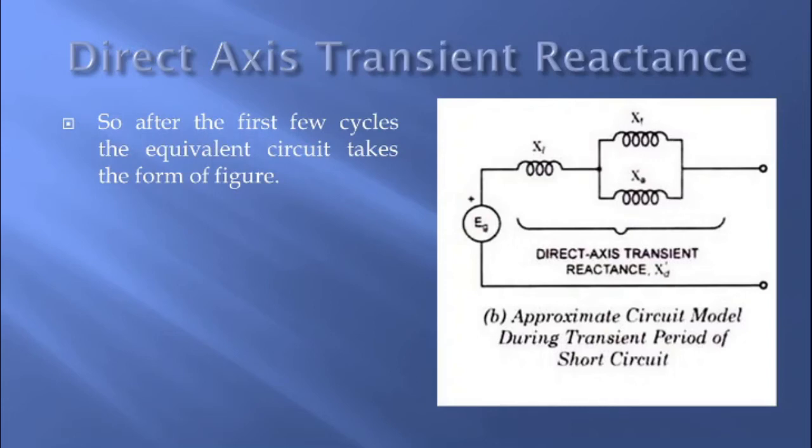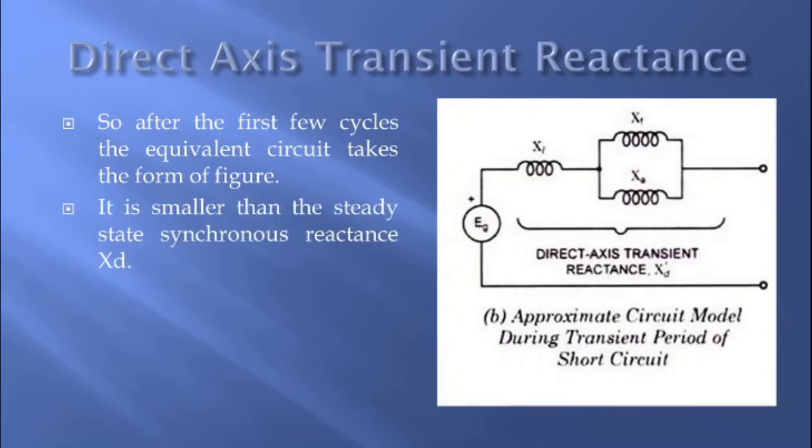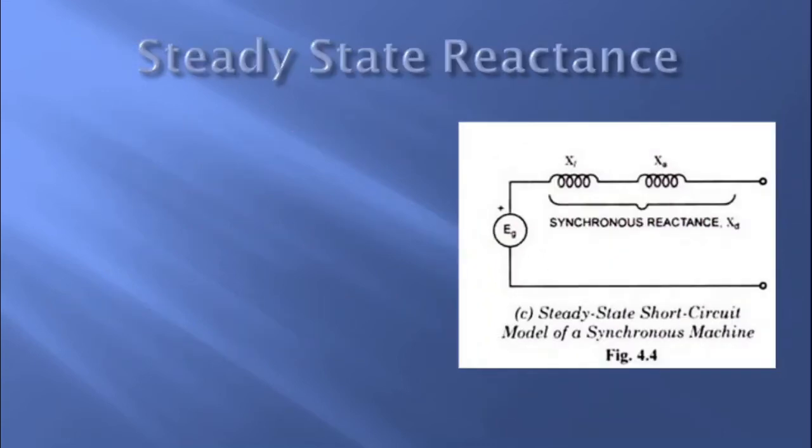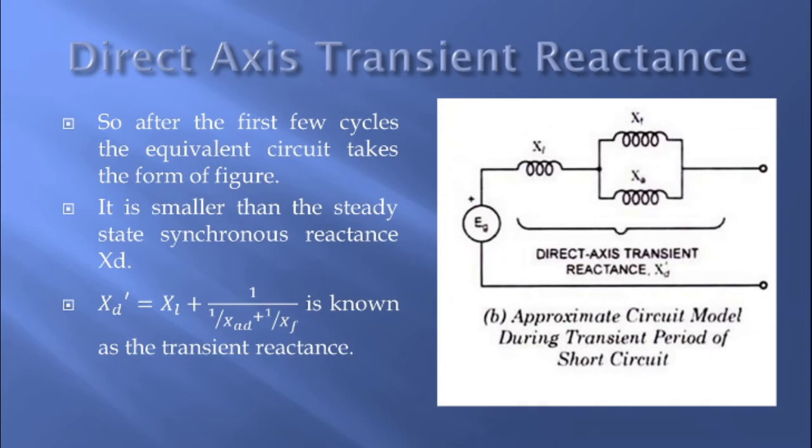This is the equivalent circuit during the transient period, and after the few cycles of subtransient period the equivalent circuit looks like this, and the value of Xd dash will be smaller than Xd but it will be greater than Xd double dash, and it will be given by the expression Xd dash is equal to XL plus 1 upon (1/XAD plus 1/XF), and this is known as transient reactance. All right, so this is all about the transient period, transient reactance. I hope this is clear now.